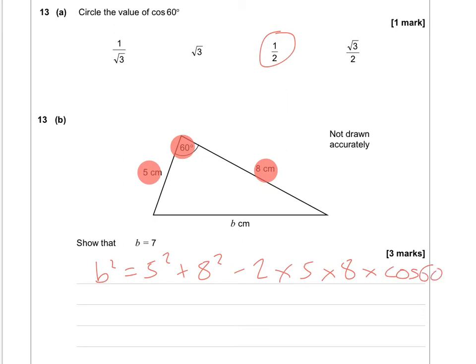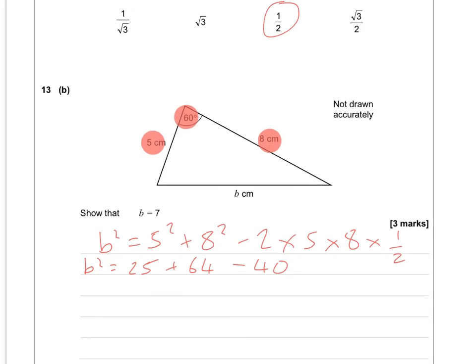Now in the previous question we did find out that cos 60 is a half, so I'm just going to replace that with a half. And then we can just go ahead and work all this out. So we've got b squared equals 25 plus 64, take away 2 times 5, which is 10, times by 8, so 80, times by a half, which is 40.